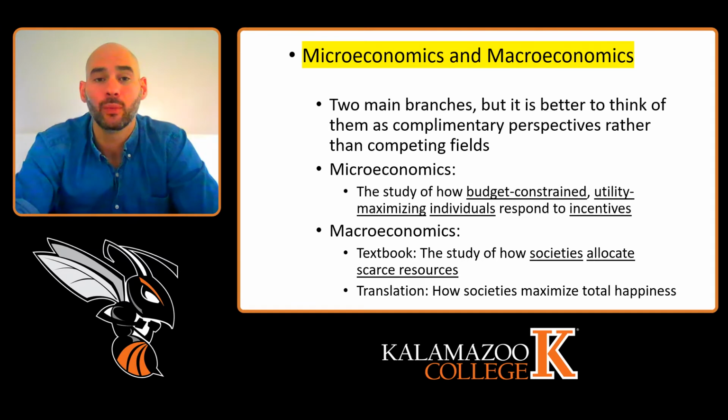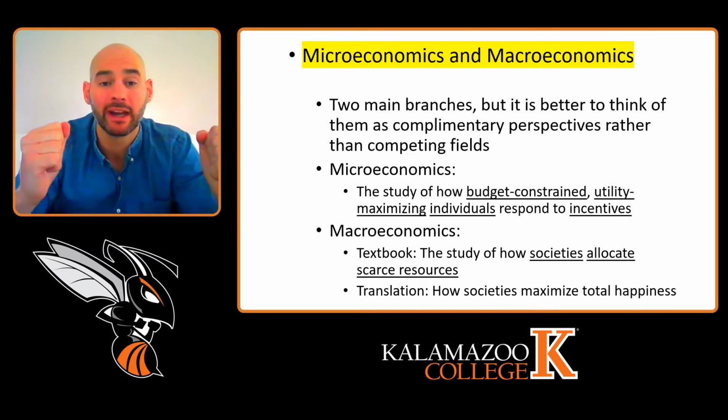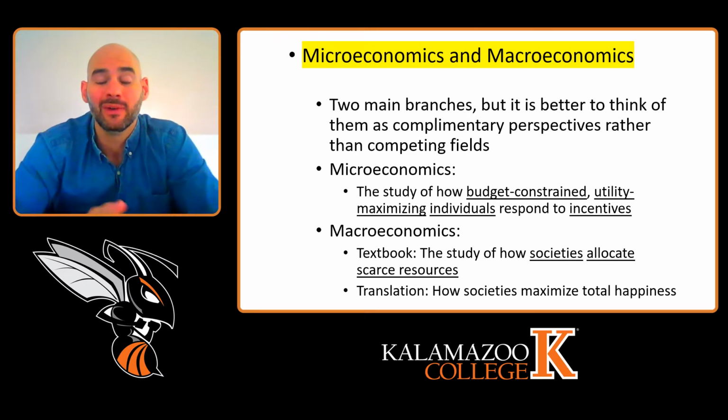So perhaps the most well-known categorization of different branches of economics is between microeconomics and macroeconomics. And these are really the two main branches, but it's better to think of them as being complementary perspectives rather than competing fields.